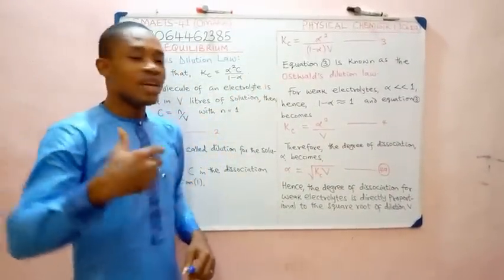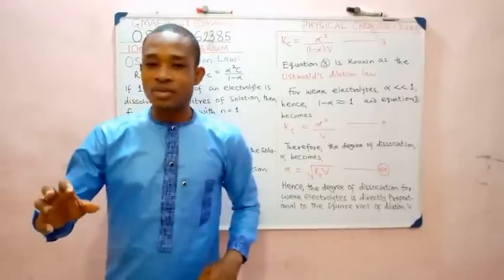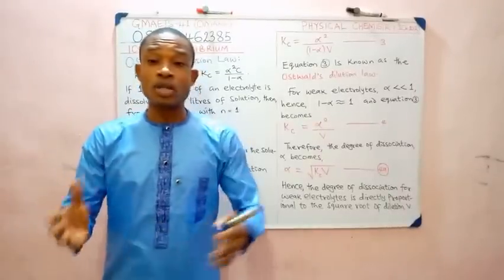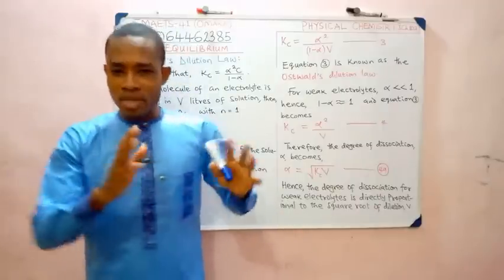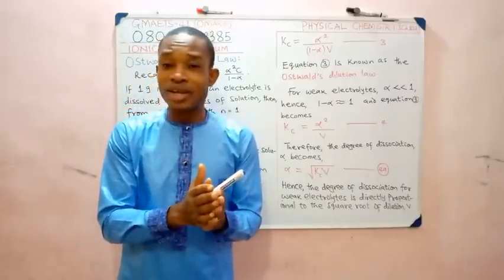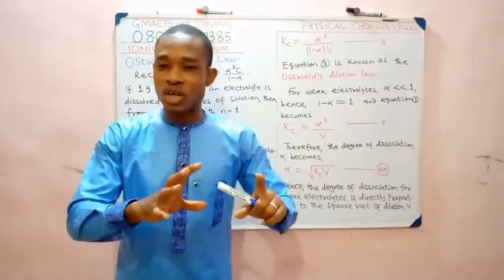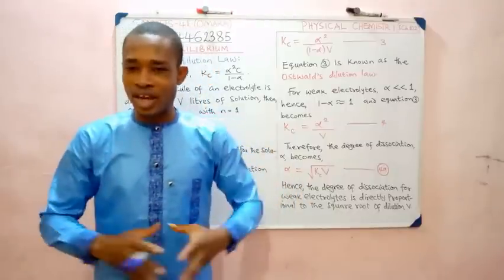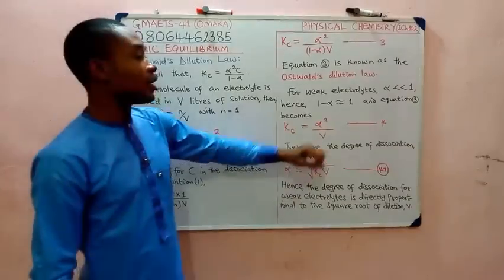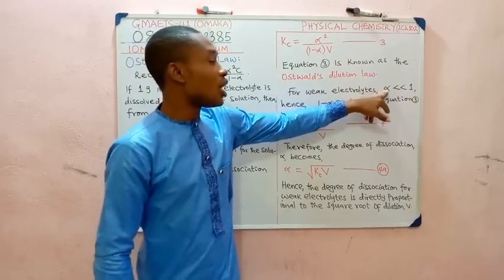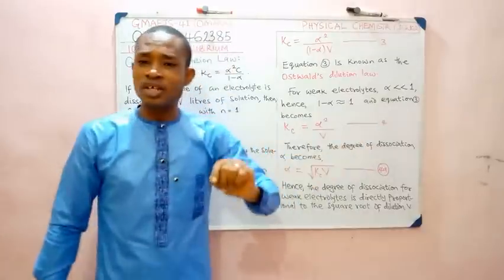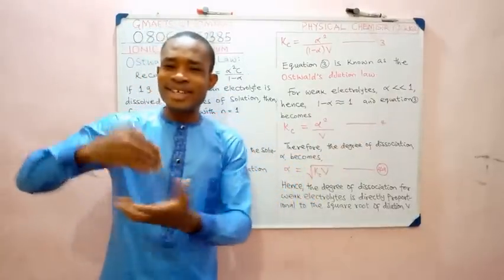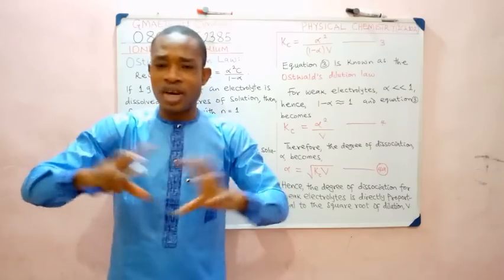Now, having said that, let's assume that we are dealing with a weak electrolyte. You know that an electrolyte can be strong, it can be what? Weak. However, we're going to limit our study to weak electrolytes because that is the main concern of Ostwald. He attempted to study what happens in weak electrolytes. Now, for a weak electrolyte, the degree of dissociation alpha is far, far less than 1. You know, for weak electrolytes, the degree at which they dissociate, the degree of ionization, is small.